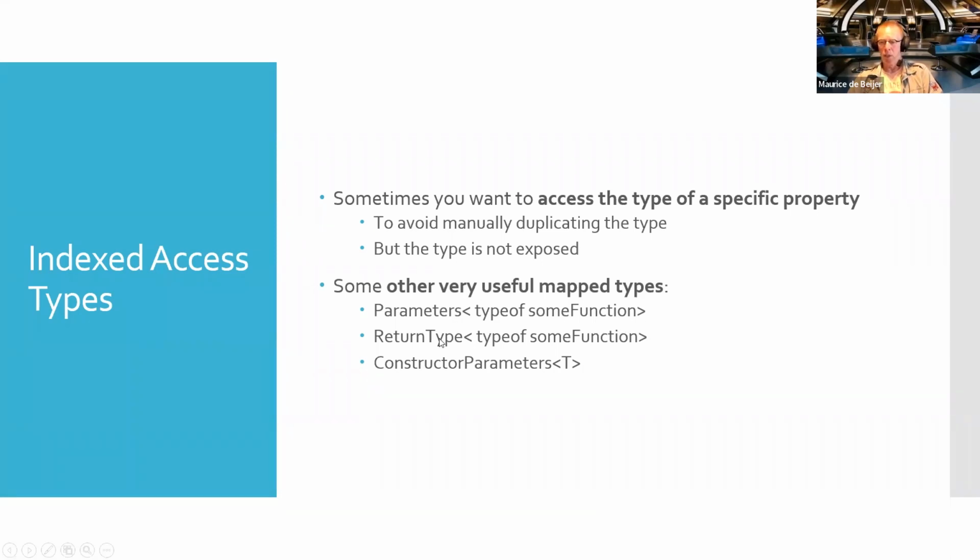They didn't expose the return type, but you want to use that somehow? Well, you can map it from the type of the function that way. They export some class, but you need the constructor parameters? Use ConstructorParameters with the type of the class, and you will get an array of the parameters you need to pass into that constructor. So these options are really convenient to extract types.